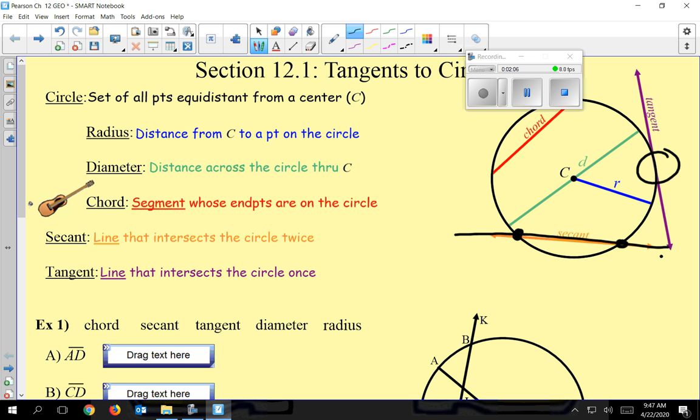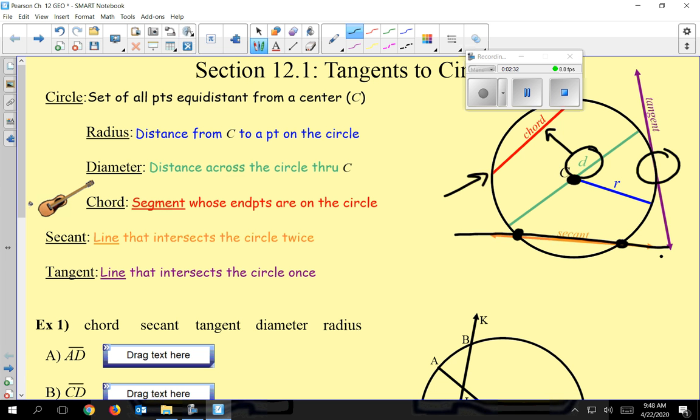It's similar to what a chord is, but a chord has endpoints. It actually ends on the two points of the circle. A diameter is a chord, but it's more specific because it goes through the center of the circle, still hitting the circle at two points on the outside, but it has to go through the center.